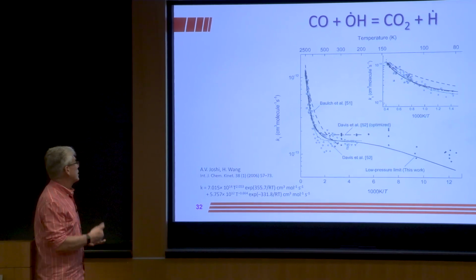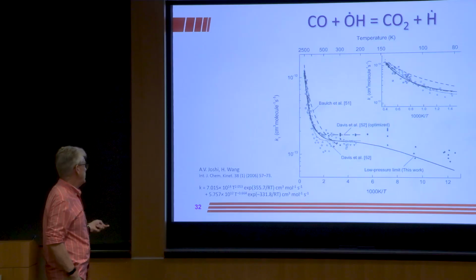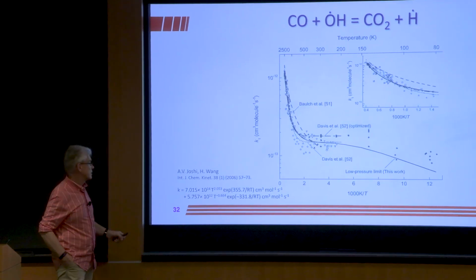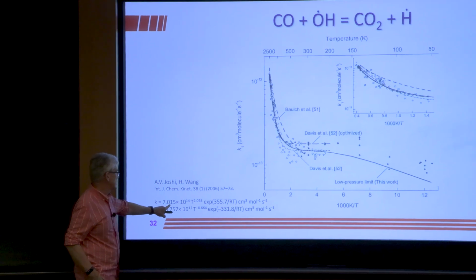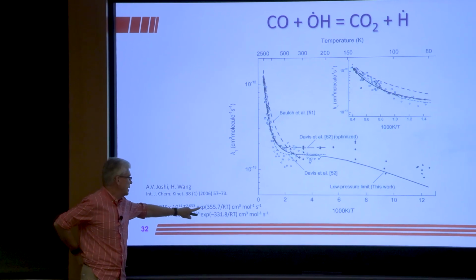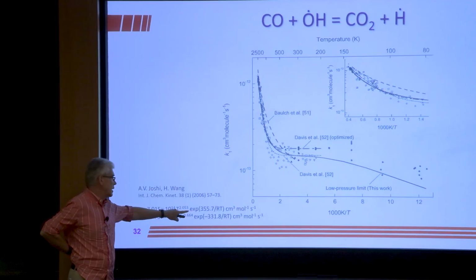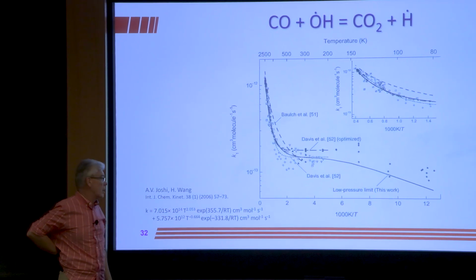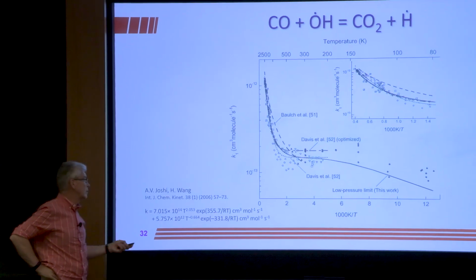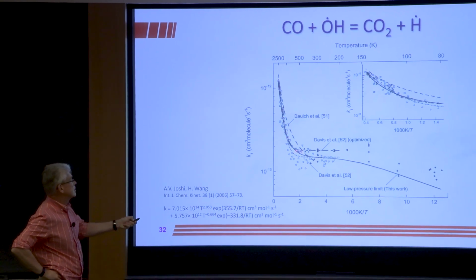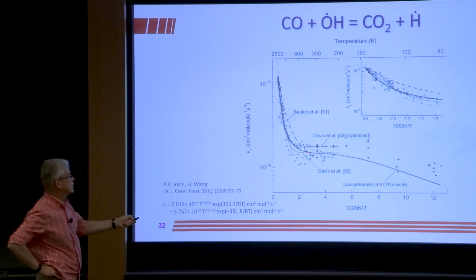We use a duplicate rate constant in this case. One expression is 7.015 times 10 to the 14, T to the 2.053, with an exponent of negative activation energy of 355.7 over RT, and that's for this part at high temperature.